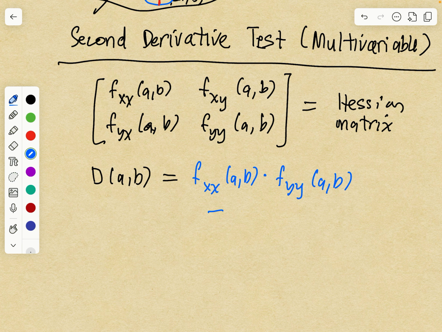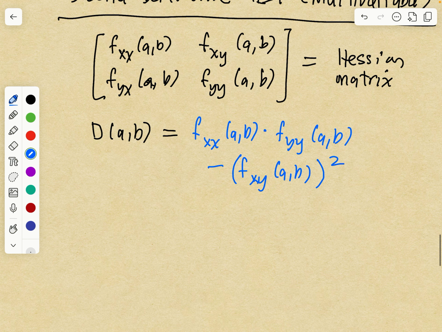Now the theorem that we're using is that f sub xy is the same as f sub yx. So really you can just take f sub xy and square it. Okay, so you have this. That's this number D(a, b). Okay, so there's a bunch of possibilities.